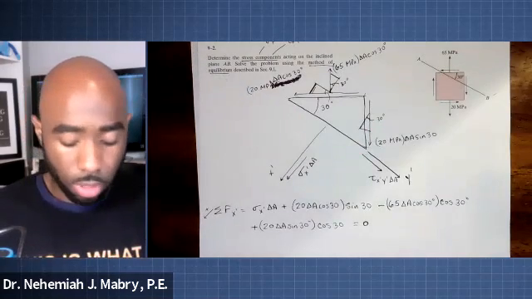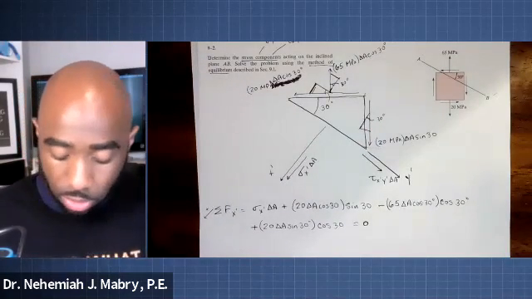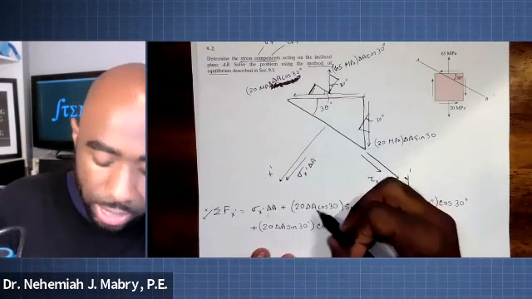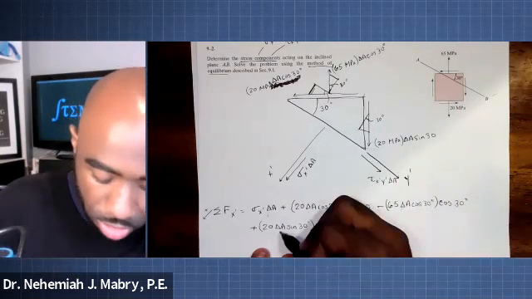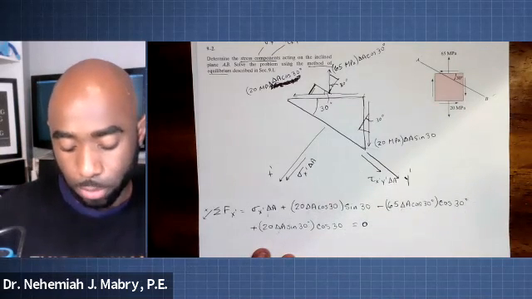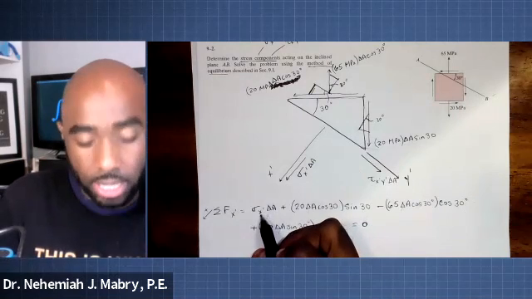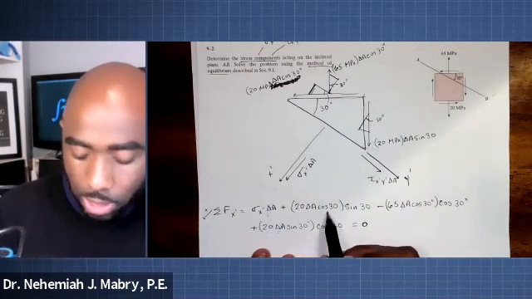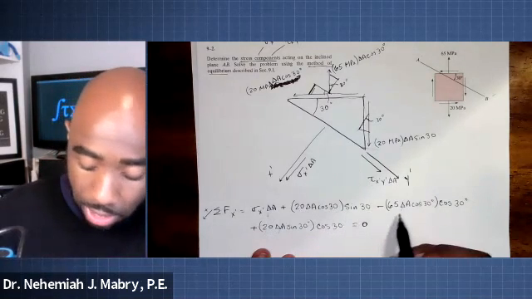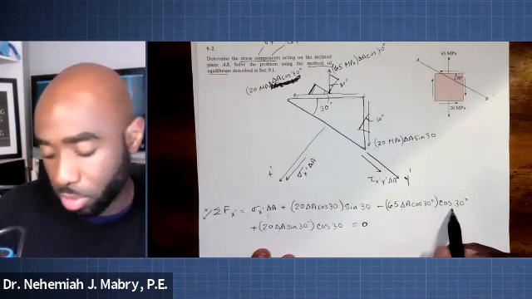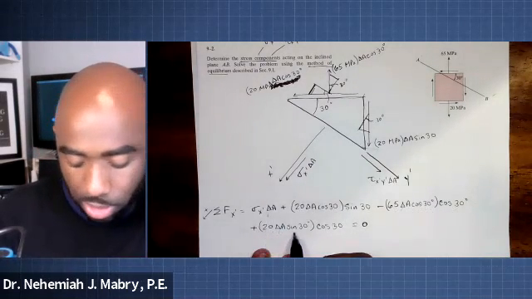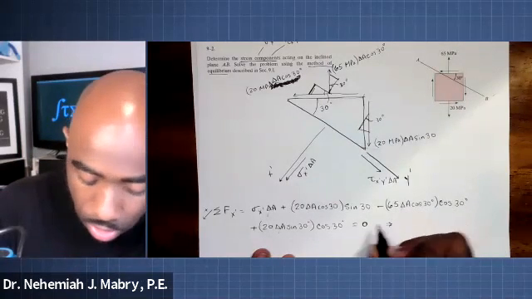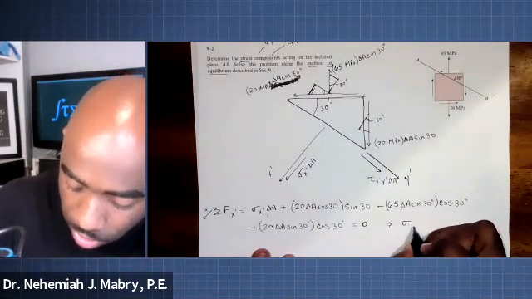Now, one of the things you can do once you set it equal to 0 is go through, and this is pretty much the case in every one, and cancel out all these delta A's, because you can just divide the whole thing by delta A. And then you're going to want to isolate sigma sub x prime to solve for it. 20 times cosine 30 times sine of 30 minus 65 times cosine 30 times cosine 30 plus 20 times sine of 30 times cosine of 30. Set that equal to 0 to solve for sigma sub x prime.